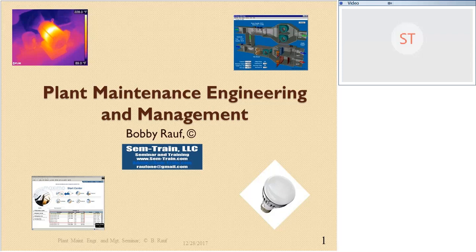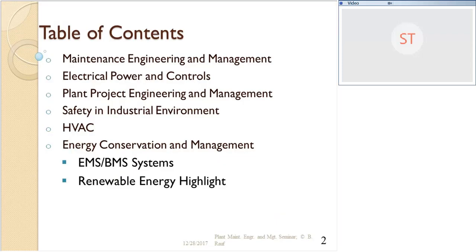Okay, so let's take a look at our list of topics. These are large, broad categories, so it's not a table of contents, so to speak. So we're going to take a deep dive into maintenance engineering and management. We'll end up spending probably about 25–30% of our time in there, maybe even a little more.